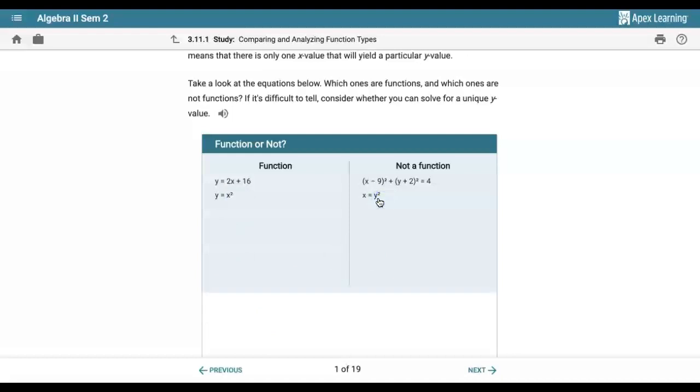All right. Its opposite here is not, because again, the key is that we can only have one y value for every x value, right? Or every x value has its own y value. All right. And so we have to have a unique value for every x input.